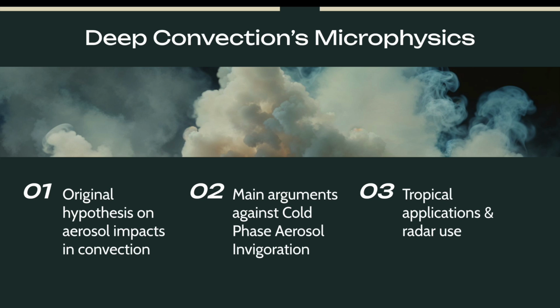In the tropics, we see a greater sensitivity and a larger condensate loading, which then leads to more pronounced pollution impacts when compared to mid-latitude convection. And so we know that the tropics are super under-observed.